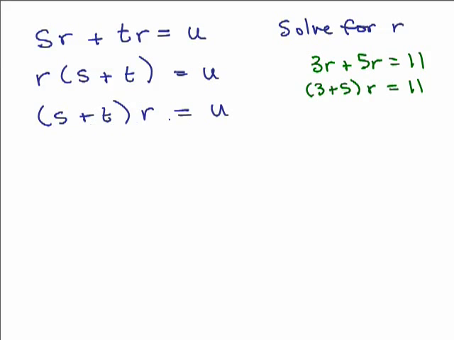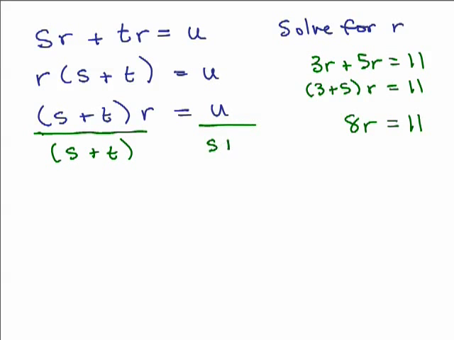All right, I'm going to look at this second way, and it doesn't really matter. The trick is, how am I going to isolate R? I've got something times R. Okay, well, let's see. How would I have done it over here if I had 8 times R? I would have divided by the coefficient, which is 8. Well, the coefficient here is this whole quantity S plus T. So I have to divide by the whole thing, S plus T. Now, on the right, I'm just going to put S plus T. You don't need to put that S plus T in parentheses.